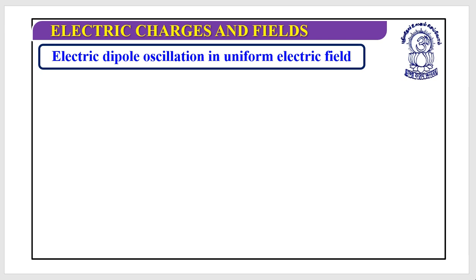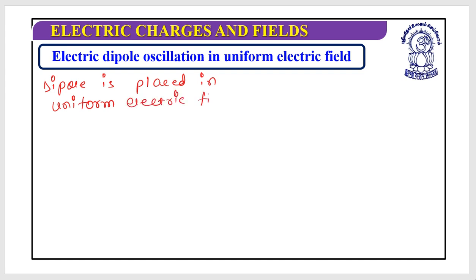When a dipole is placed in a uniform electric field, its F net would be equal to 0 for sure. Torque net may or may not be 0.